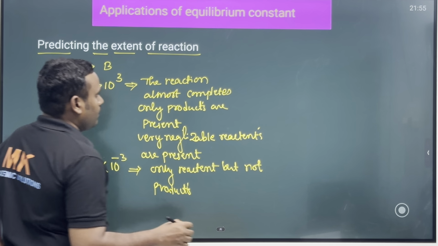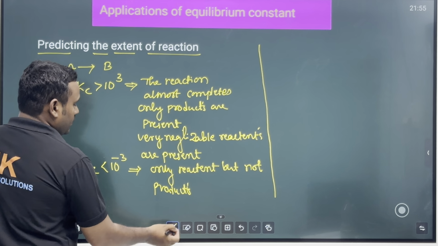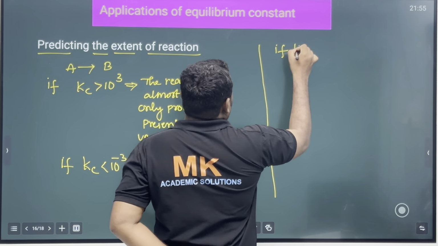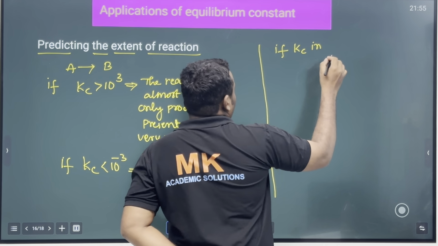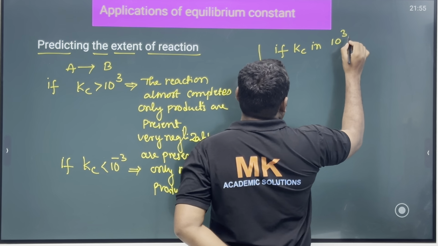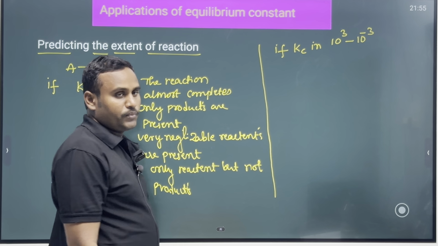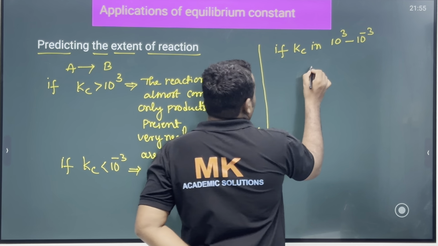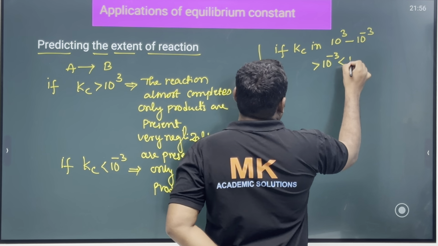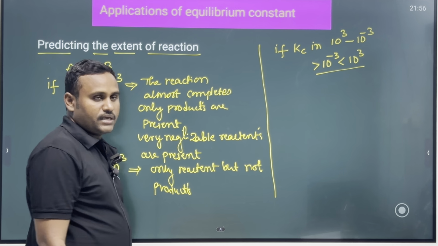Okay, and one more thing here: if Kc is in between 10 cube and 10 power minus 3, which means it is greater than 10 power minus 3 and less than 10 cube.